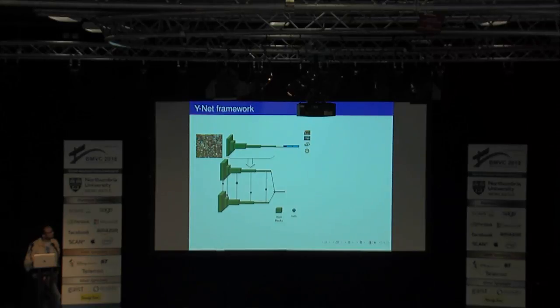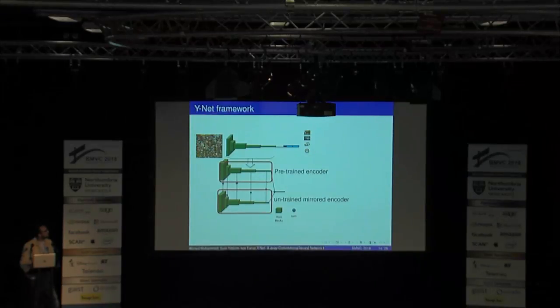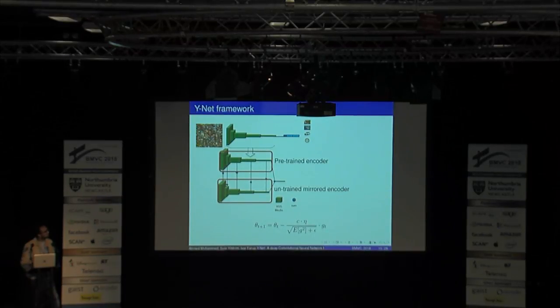The first one is a pre-trained VGG model, and the next one is an untrained VGG model. The thing we introduce here is that each encoder is trained with an encoder-specific learning rate.